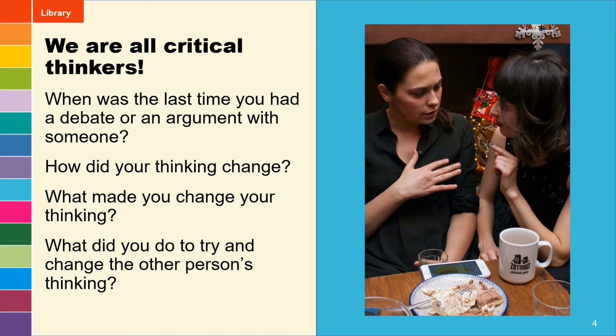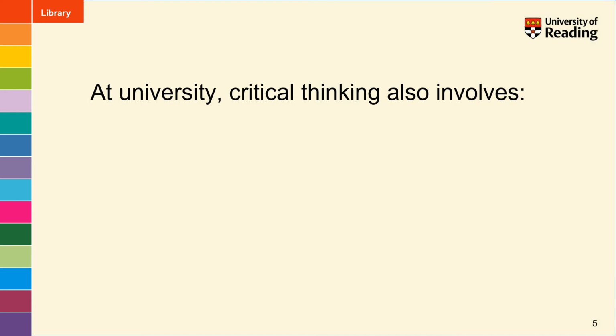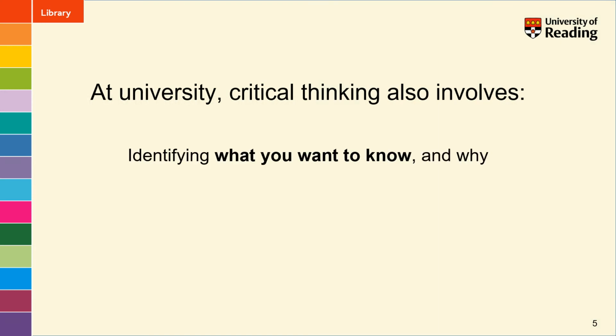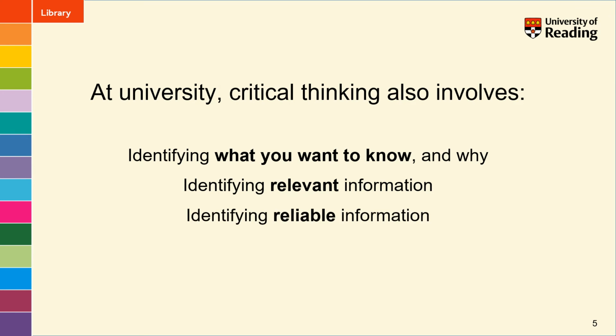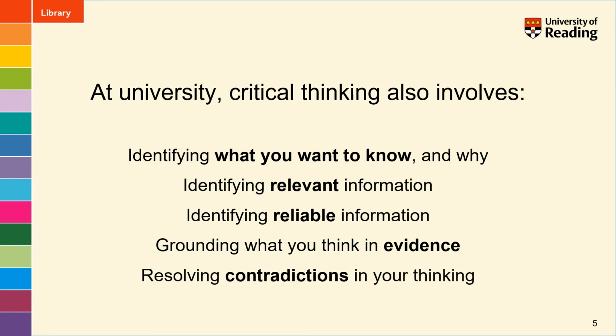Critical thinking is an important skill set to develop at university, no matter what subject you study, even if it may involve different things depending on your subject. In the most general terms, though, critical thinking at this level involves the following: being able to clearly identify what it is you want to know and why, identifying and knowing how to find relevant and reliable information that will help you fill in that gap in your knowledge, grounding what you think in evidence, and resolving contradictions in your thinking.